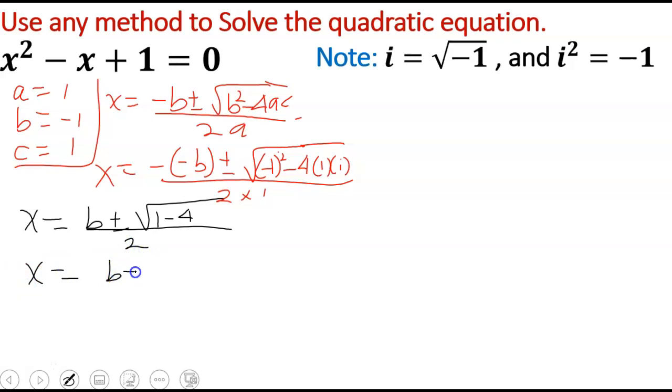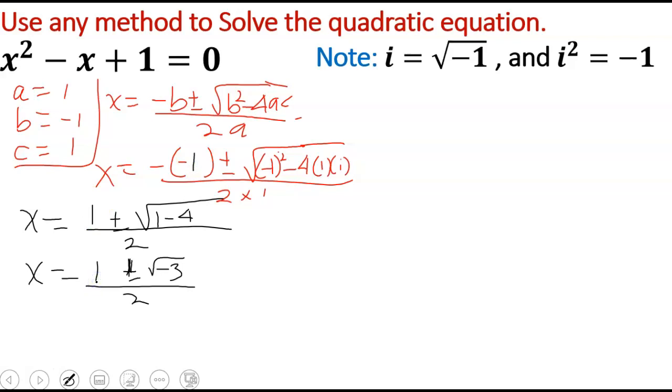So this is b plus or minus square root of negative 3 over 2. Oops. Oh my gosh, okay, we're supposed to replace the b here though. What is b? It's negative 1. So negative is positive 1.